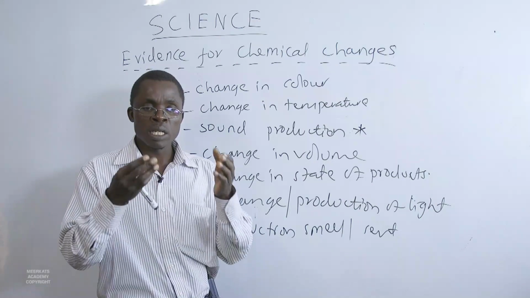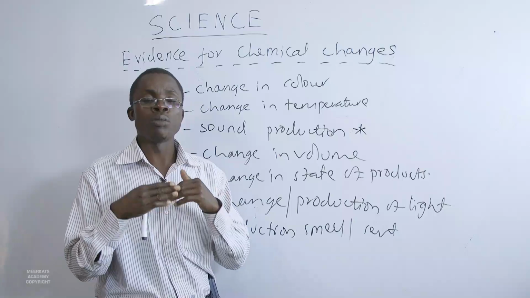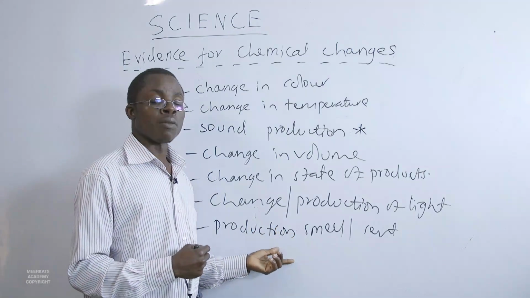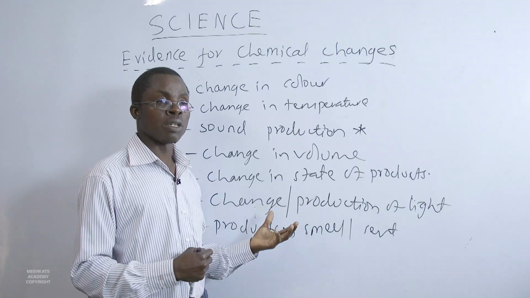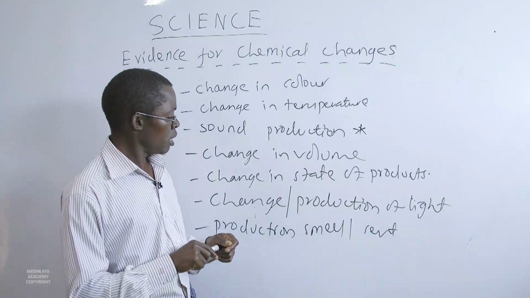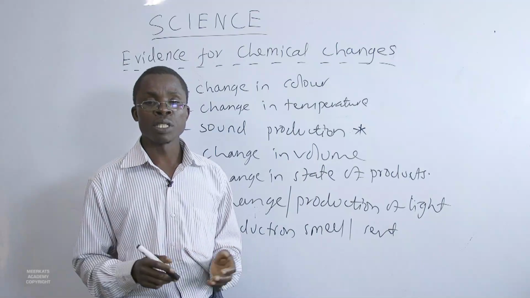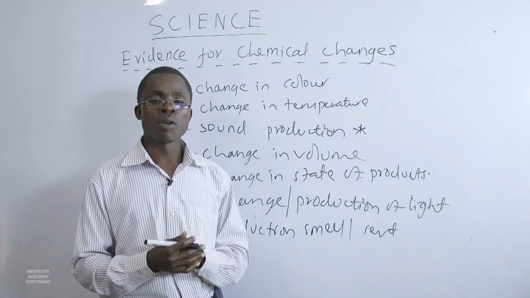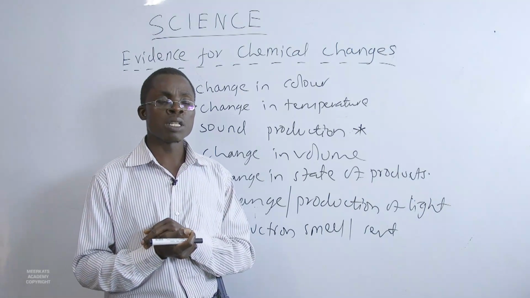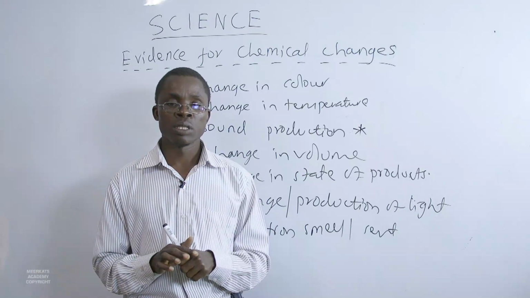So by getting the smell using your nose, we can say observation of smell. When you observe that smell, it will have told you that a reaction has surely taken place. A good example is when you are producing ammonia. You are doing a chemical reaction in the lab to produce ammonia. Ammonia gas is colorless. How would you tell that ammonia gas has been produced? By getting it with your nose.